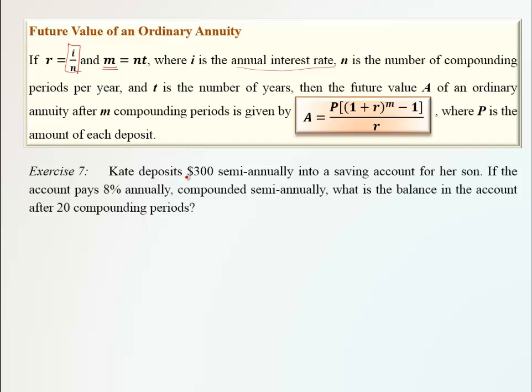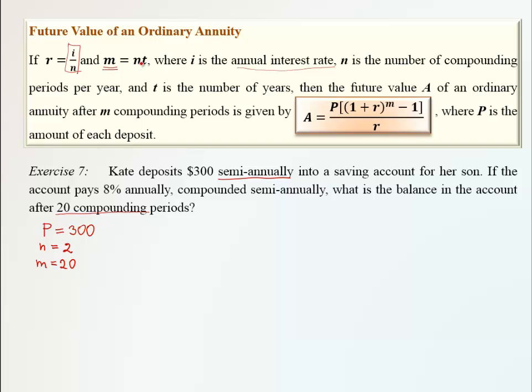Well, let's list all the information that we have. The P, the amount of money that Kate deposits, is $300 every half a year, semi-annually. So the number of periods per year is 2. The overall number of compounding periods is 20, so M is 20. Well, we can calculate t from it.